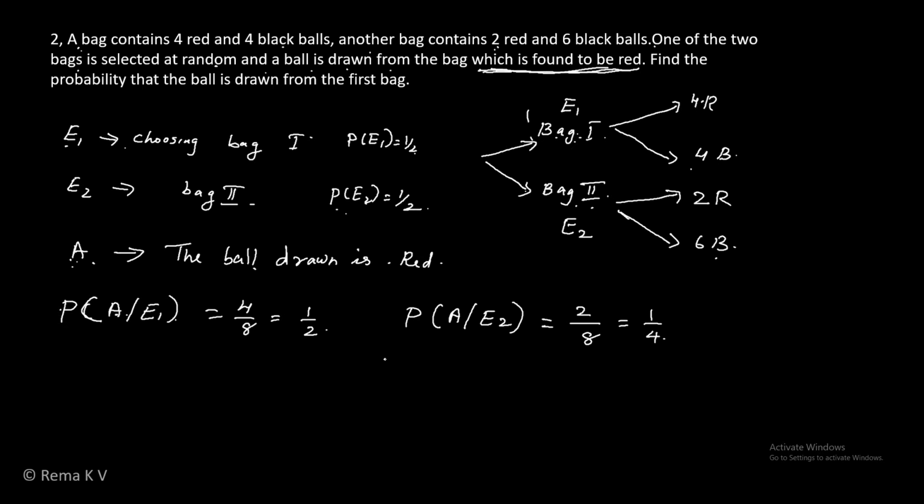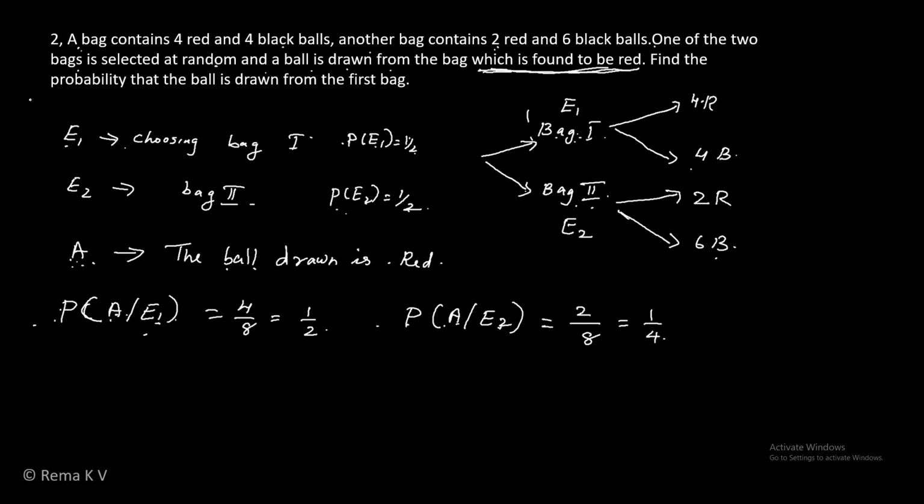Is this clear? Okay. Now, we got probability of E1 as 1 by 2, probability of E2 as 1 by 2. So you know what is the event A, what is probability of A given E1, probability of A given E2. All these are symbols. You can read this as probability of getting a red ball when the first bag is chosen, probability of getting a red ball when the second bag is chosen.